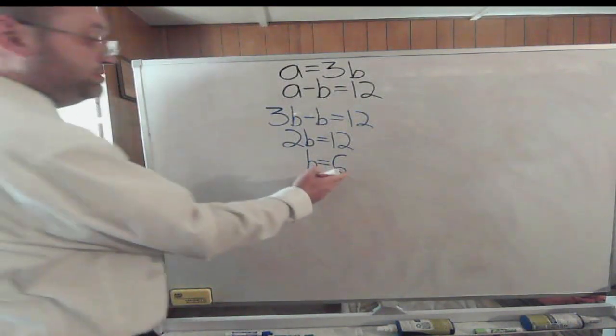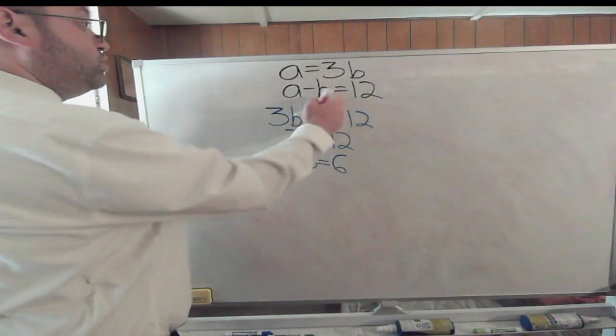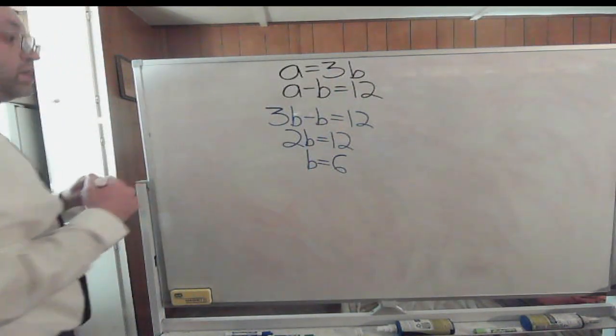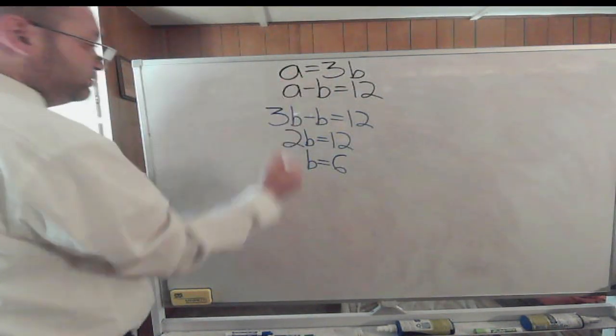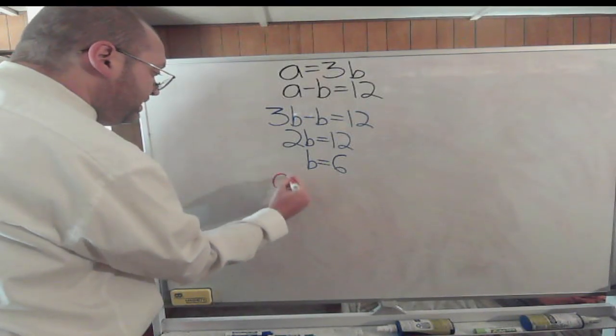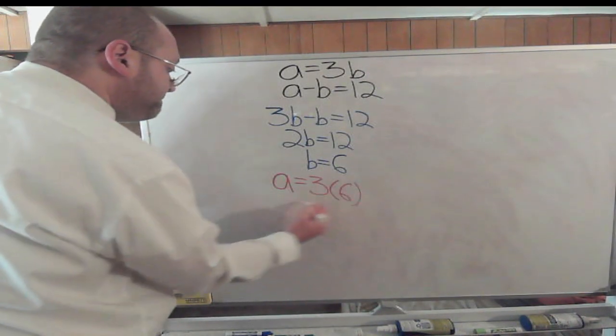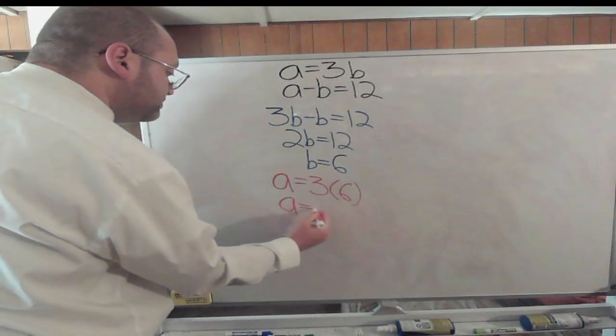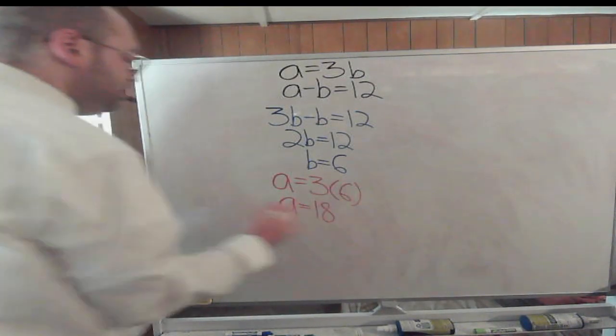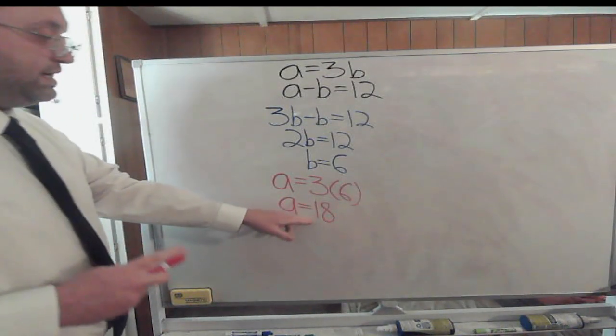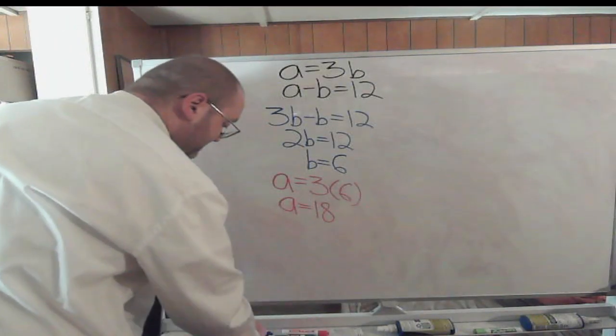Well, take your b being 6, put it into one of these equations. I'm going to go with a equals 3b. So a equals 3 times 6, which means a equals 18. So you have the a coordinate being 18, the b coordinate being 6.